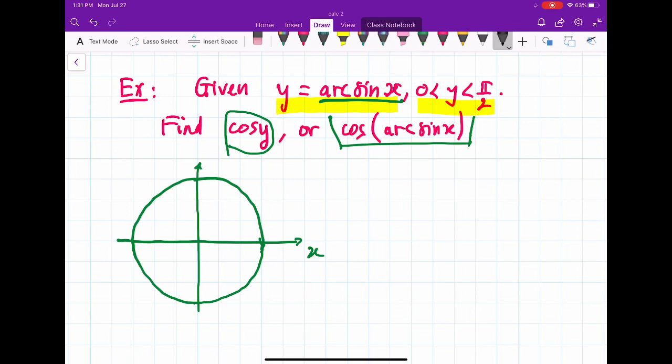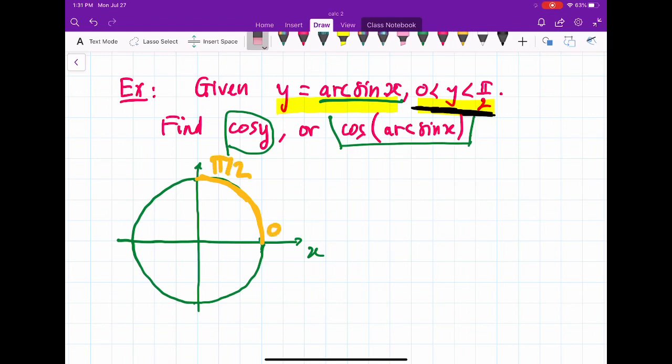On the sine axis. And we know y is in between 0 and pi over 2. So it means the angle is only between 0 and pi over 2. Look at this. That is 0 and pi over 2.